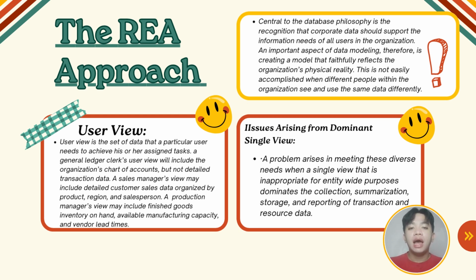A sales manager's view may include detailed customer sales data organized by product, region, and salesperson. A production manager's view may include finished goods, inventory on hand, available manufacturing capacity, and inventory lead times.